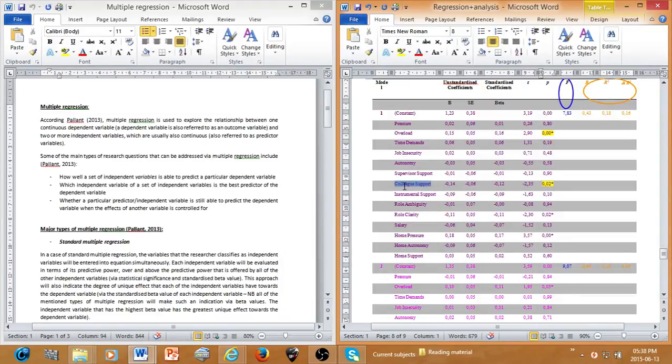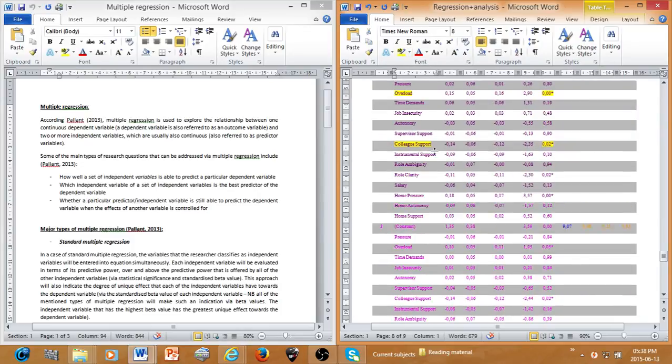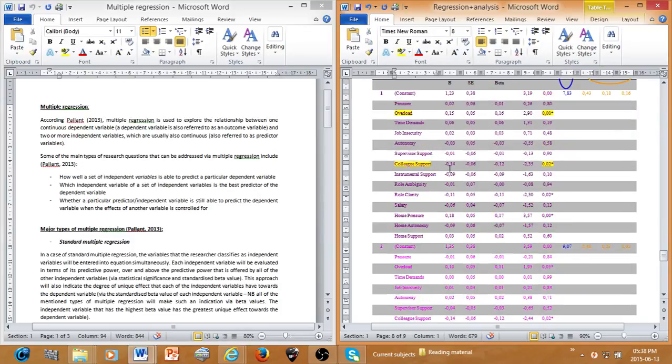Colleague support. So in other words, these statistics are suggesting that colleague support is also a statistically significant predictor of anxiety. What is the next p-value that we find that is statistically significant? Over there, and this refers to role clarity.